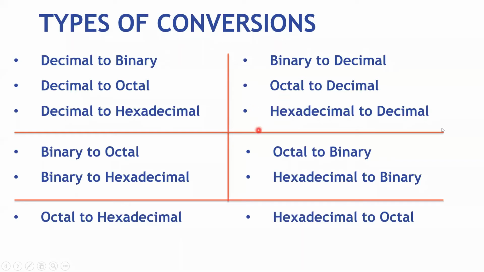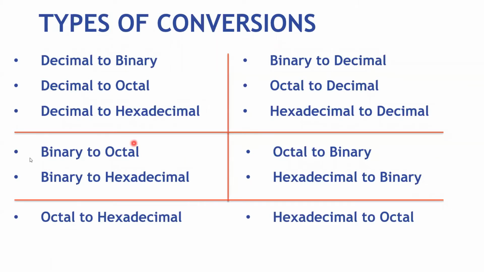This is one type of conversion. For easiness I have converted this into blocks so that you can easily remember how to convert a decimal number to other number system, or other number system to decimal.